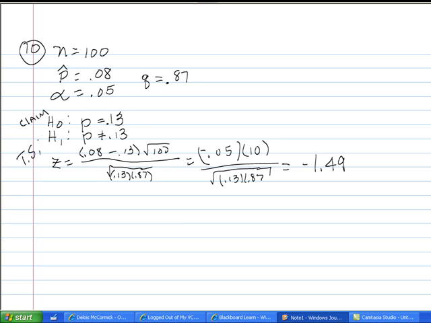Okay, so 0.025 goes in each tail, and we look up the negative table. 0.025 is negative 1.96. Those are our critical values.